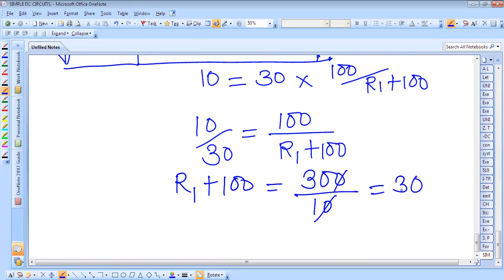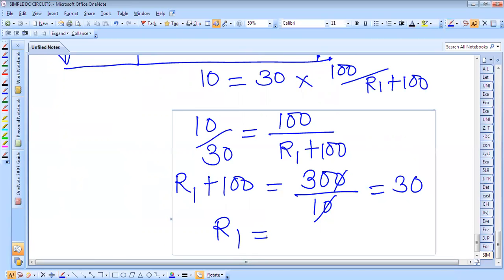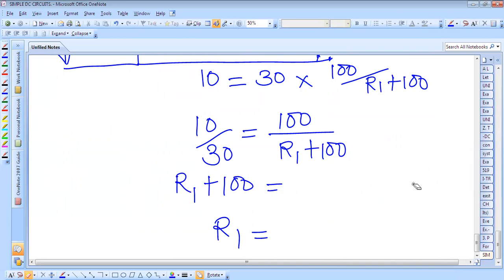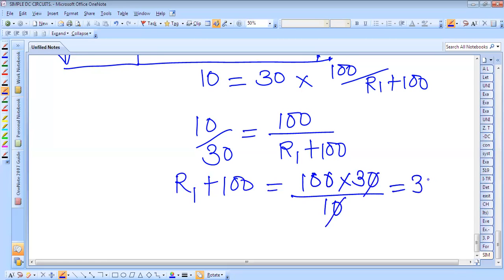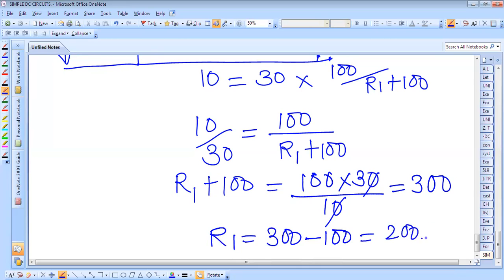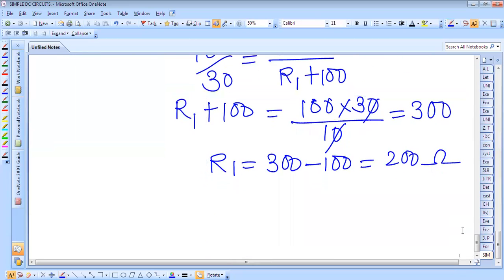So R1 plus 100 is equal to 100 into 30 divided by 10. The 10 will cancel, giving 300. So R1 is equal to 300 minus 100, which is 200 ohm.